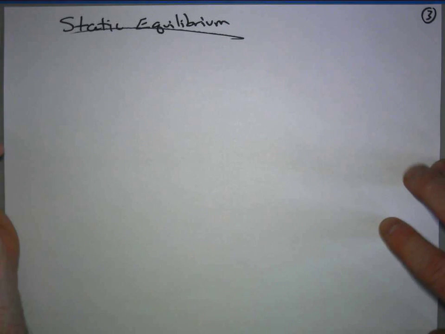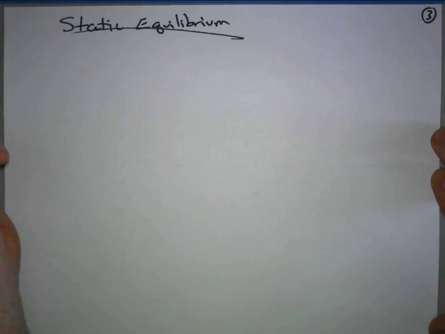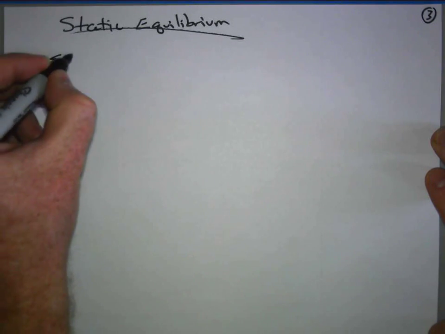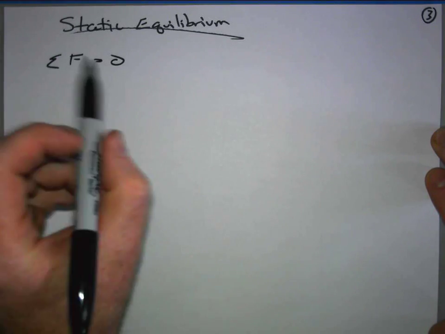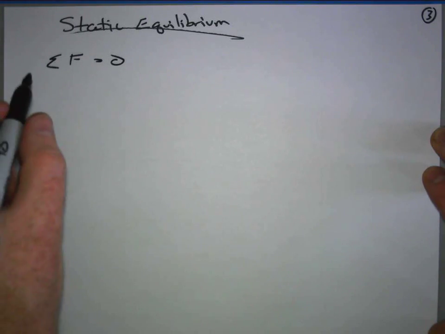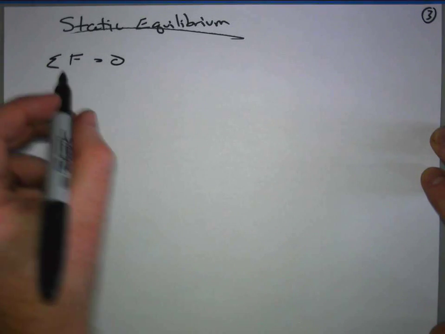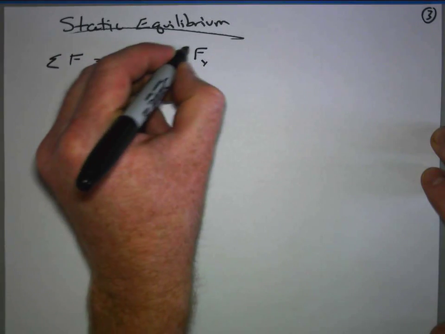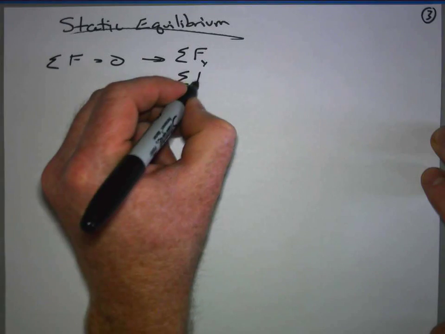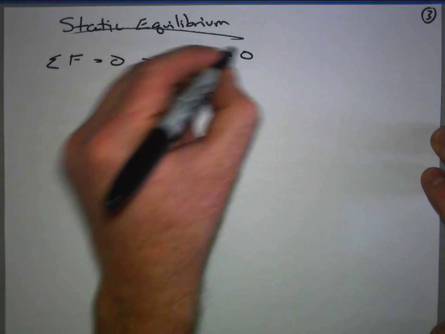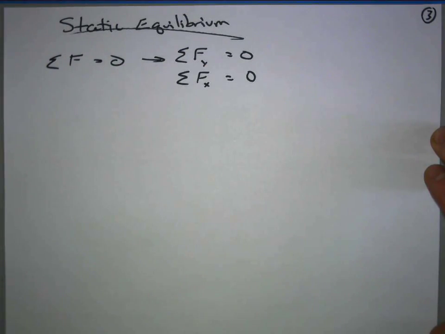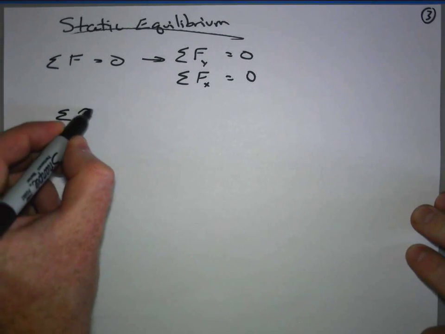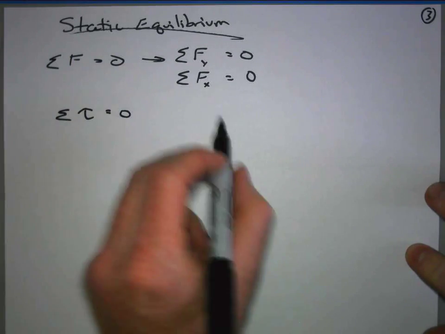So previously we defined equilibrium to be the condition where net force acting on an object is 0, right? So sum of forces is 0. That's what we called equilibrium. Well, more specifically, we had to look at the sum of the forces in the y direction and the sum of the forces in the x direction. Each one of those sort of independently had to be 0. But there's more to it now. We have to add that the sum of the torques must be 0 to this list.